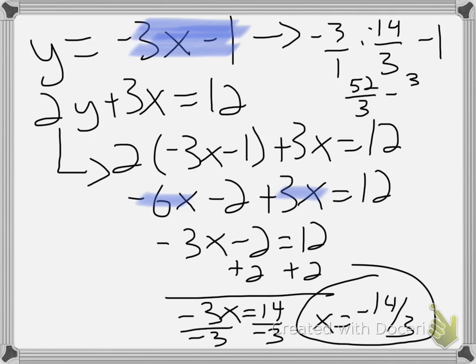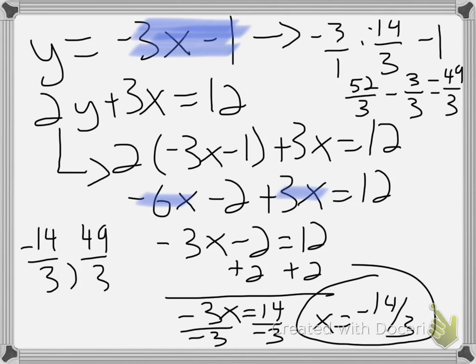Let's make it 3 over 3. We can do that, can't we? So we get 39 over 3, right? And that's our y value. So let's put it all together. Negative 14 over 3, comma, and 49 over 3.